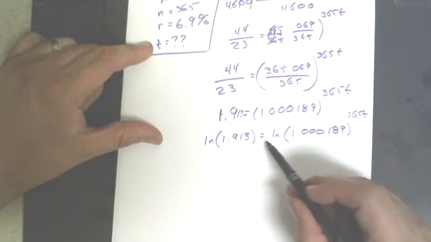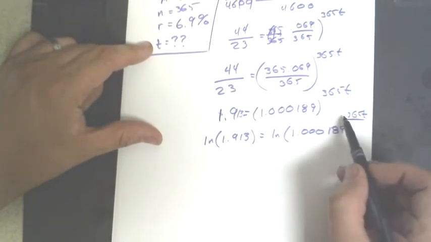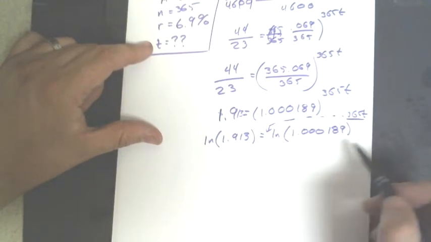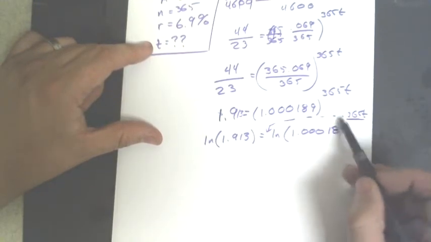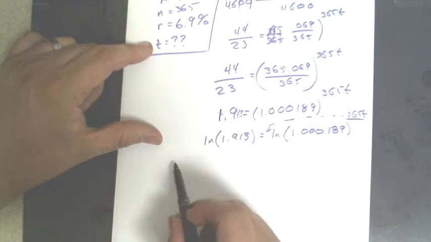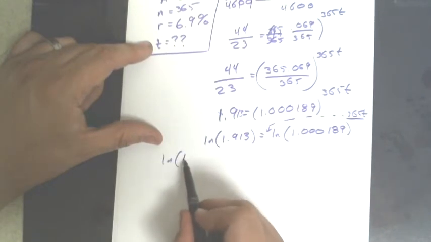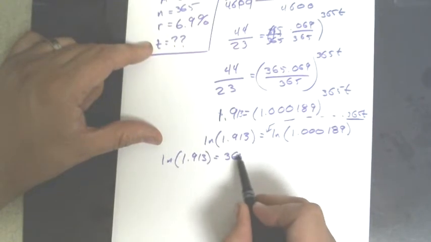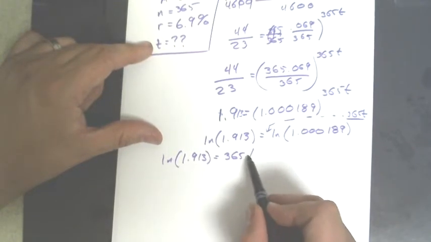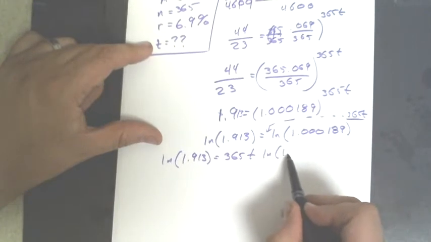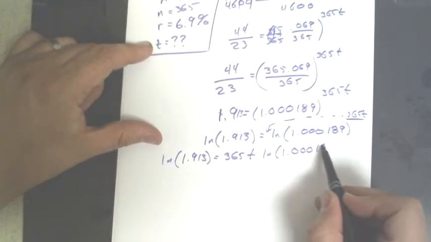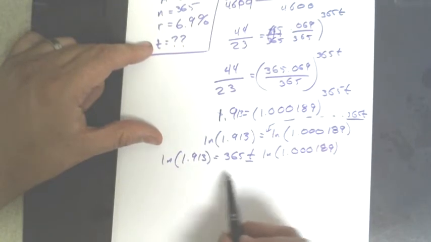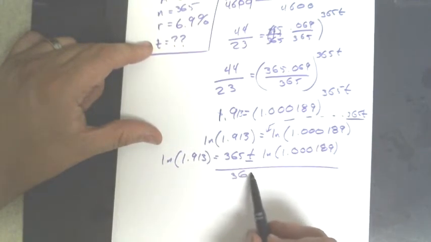And again, the idea of using the logarithm is it gives you access to the power property. That allows us to bring our variable down from being an exponent to being just a product. So we have the natural log of 1.913 equaling 365t times the natural log of 1.000189. Now that t is just being multiplied by those. So to get rid of them, we can just divide.